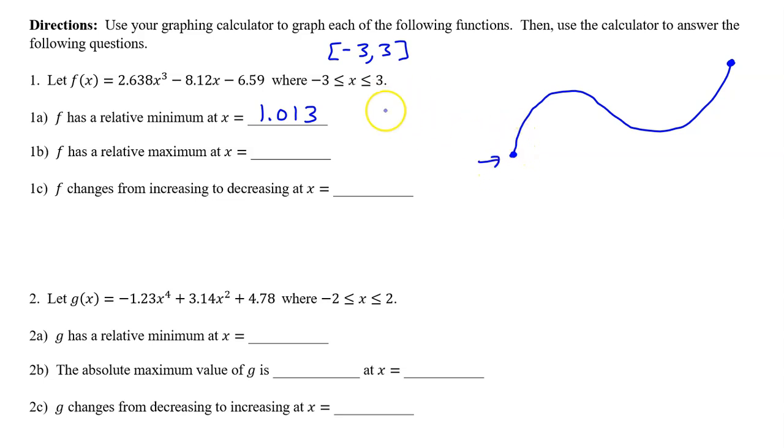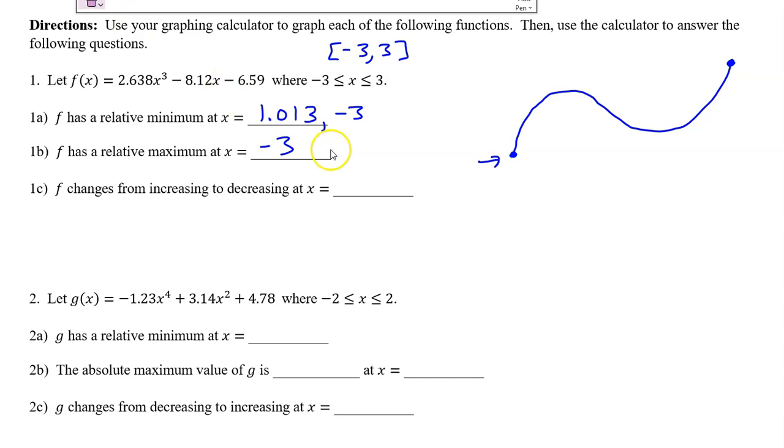Of course, that is going to be at the left boundary of the domain. So we know that's going to be at x equals -3. So we have a relative min at 1.013 and -3.